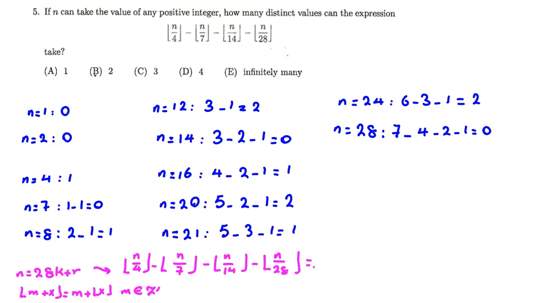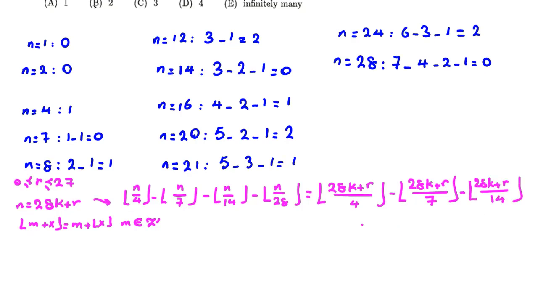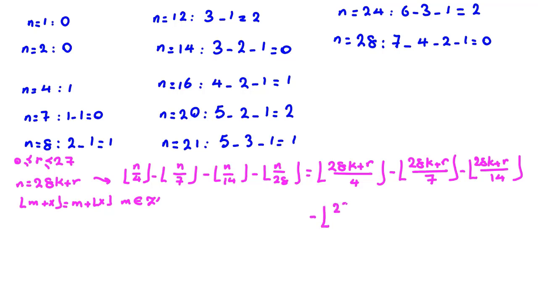We replace n with 28k plus r, where r is the remainder, from 0 to 27: floor of (28k plus r) divided by 4, minus floor of (28k plus r) divided by 7, minus floor of (28k plus r) divided by 14, and minus floor of (28k plus r) divided by 28.